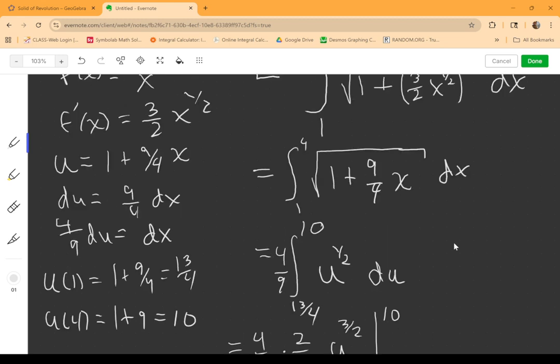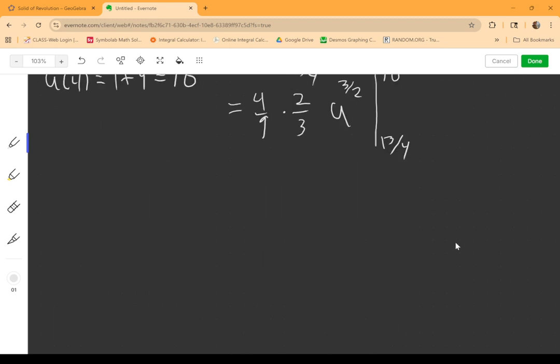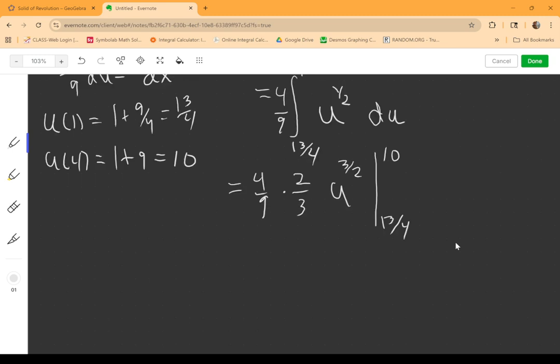So let's keep moving along. We get 8/27 for our constant, times 10 to the 3/2 minus 13/4 to the 3/2.